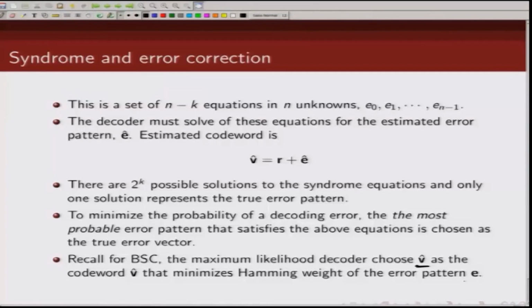In other words, it minimizes the Hamming weight of the error pattern E. So, from the 2^k different solutions, the one which has the least Hamming weight is the best solution for the maximum likelihood decoding rule for a binary symmetric channel.